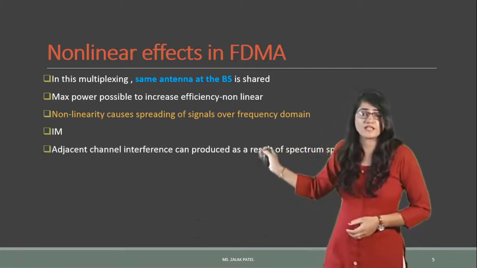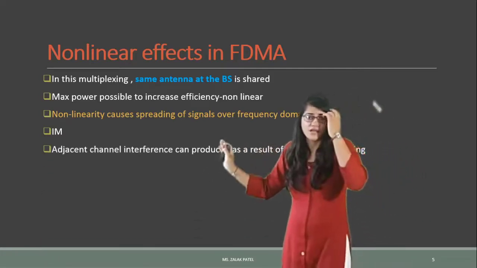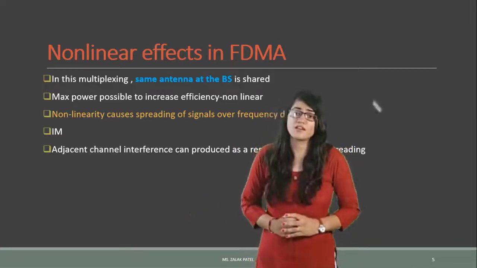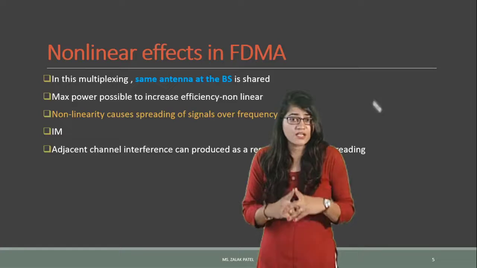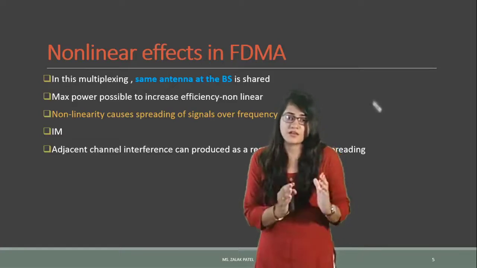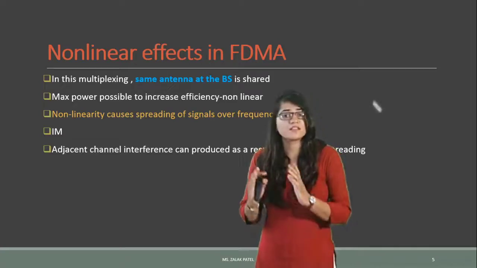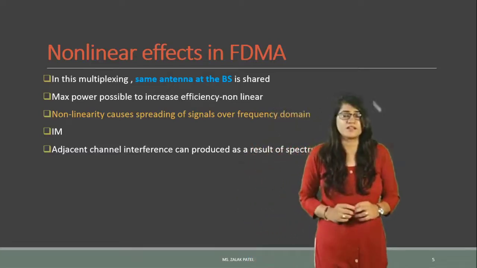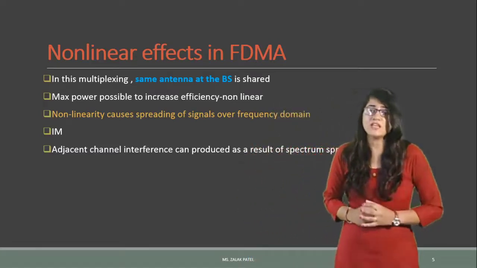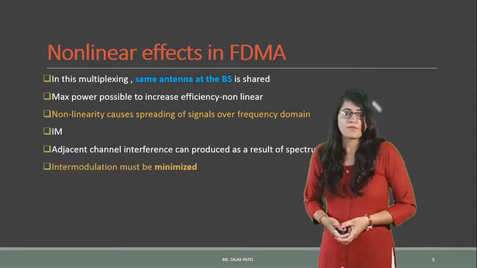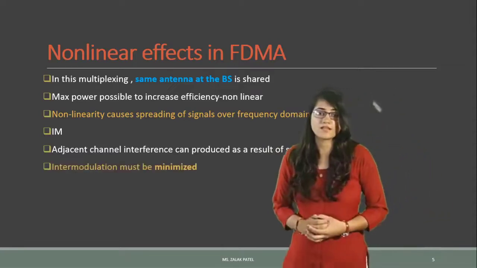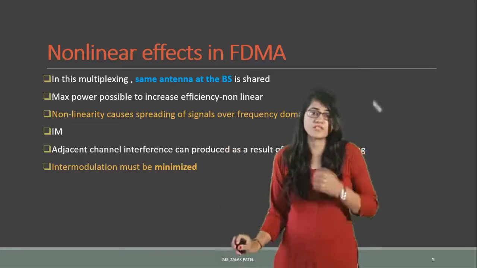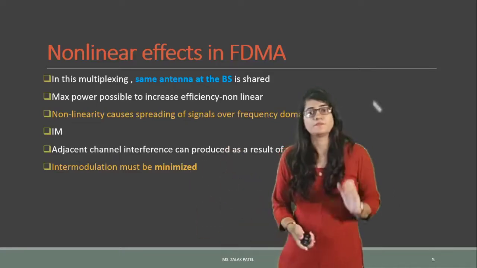And because of that, as we discussed in unit number 2, adjacent channel interference can be generated. Adjacent channel interference is nothing but the interference between channels that are adjacent in frequency. As a result, the spectrum can be distorted. As I already discussed, the intermodulation, the IM factor, should be as minimum as possible in the case of FDM.